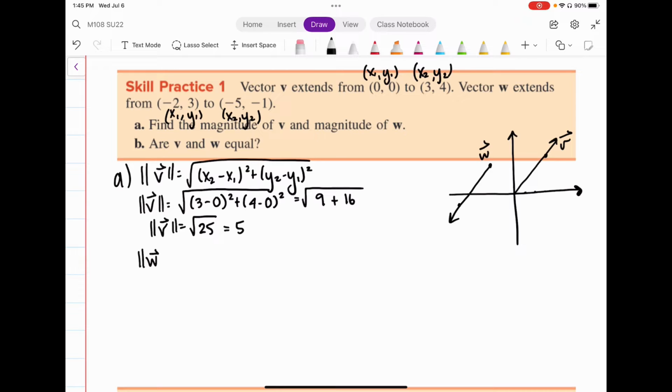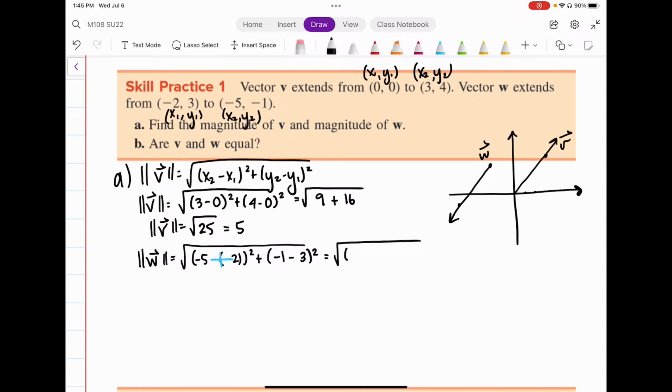The magnitude of w is equal to the square root of x2 is -5 minus x1 is -2 squared, plus y2 is -1 minus y1 is 3 squared. -5 minus a -2 is actually +2.